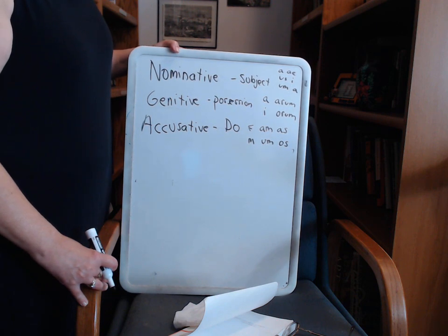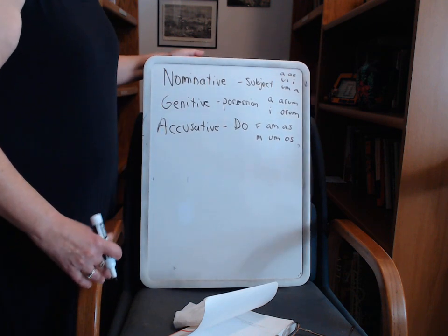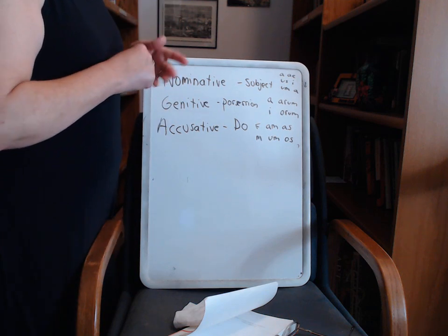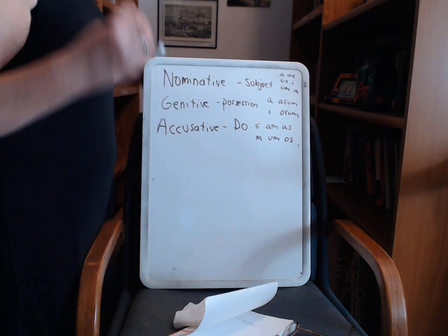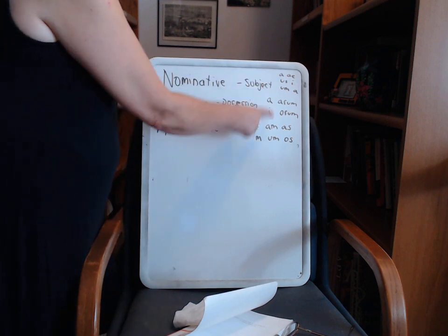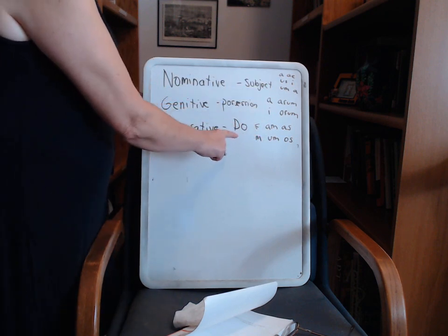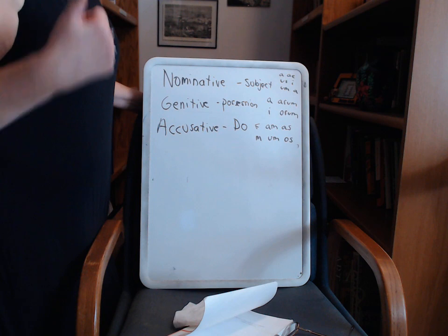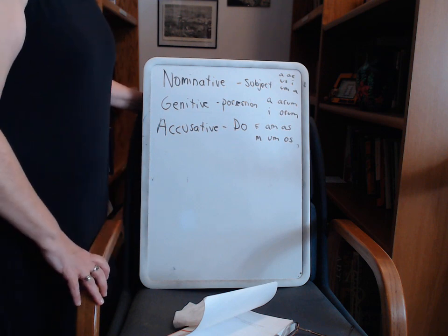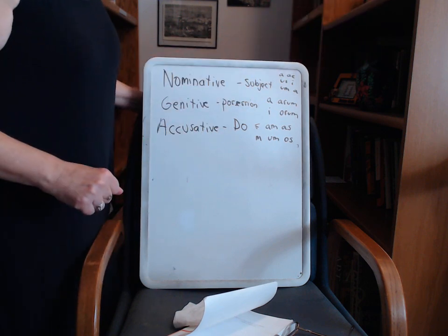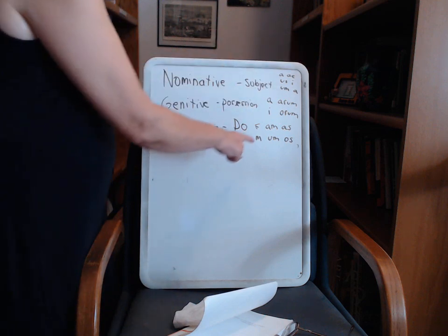So what we're going to do is read through the next chapter. But before I do it, you might want to jot this down on a piece of paper. Direct object, am or as. So if I said, he saw the island. What did he see? The island, insulam.